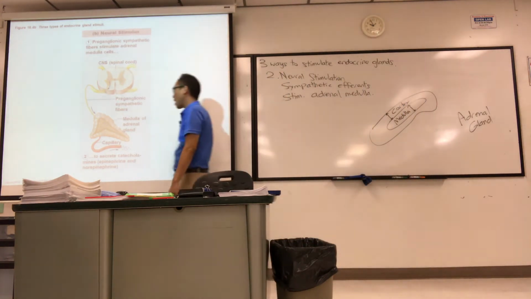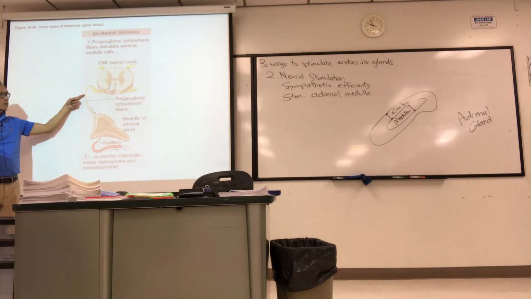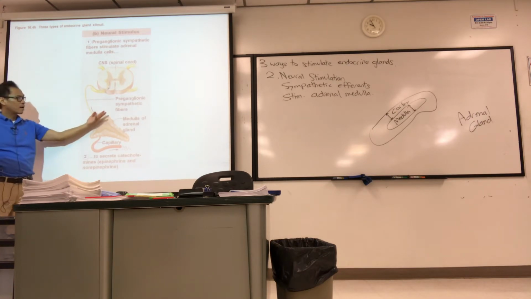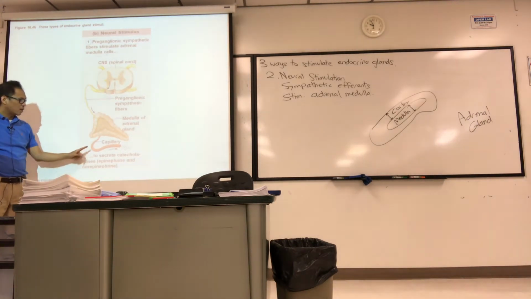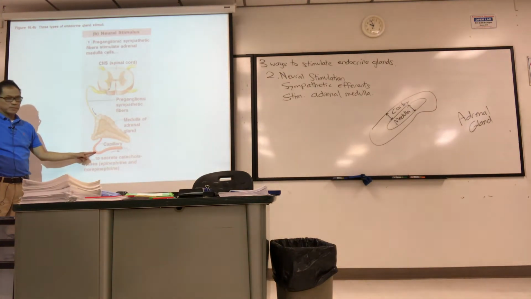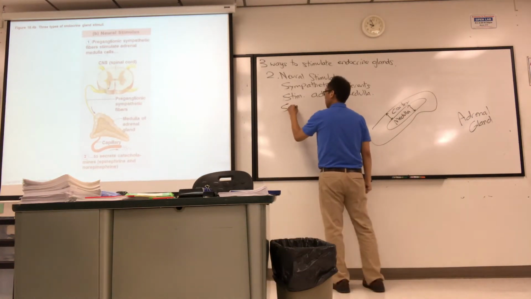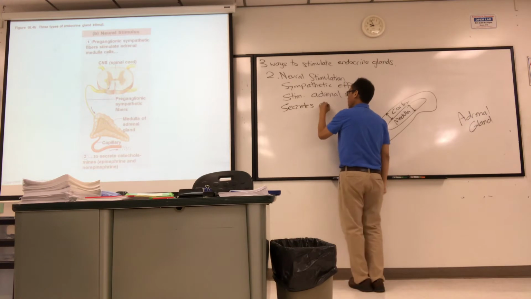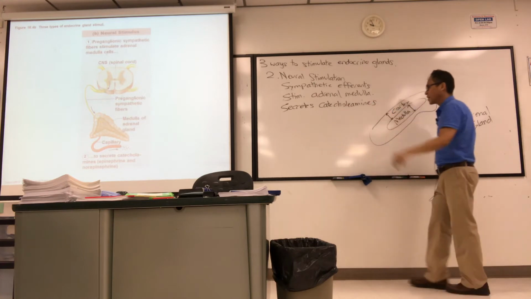Now, if you remember your autonomics, there's always a preganglionic and a postganglionic neuron. Here's the preganglionic. Where's the postganglionic? There isn't one. This is the example where instead of a postganglionic neuron, the gland is actually the postganglionic, and it secretes catecholamines into the bloodstream for the stress response. Catecholamines, that's a long, fancy word.